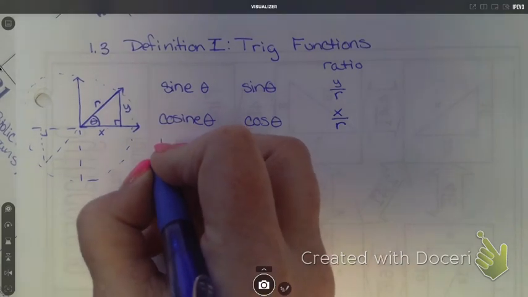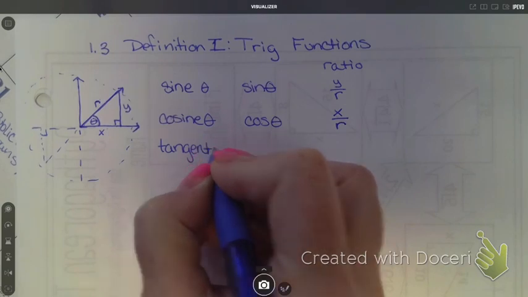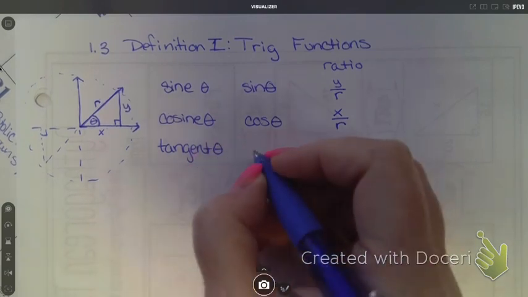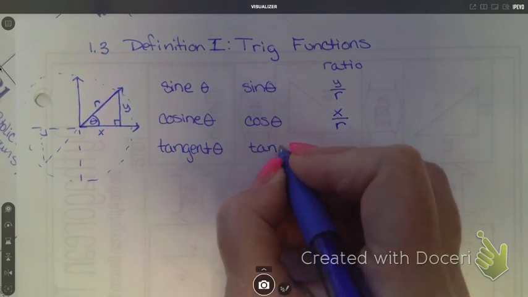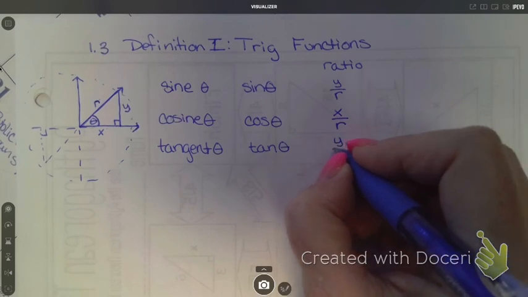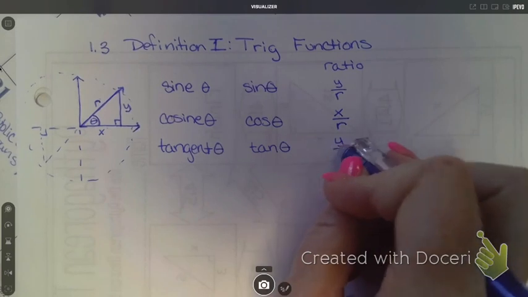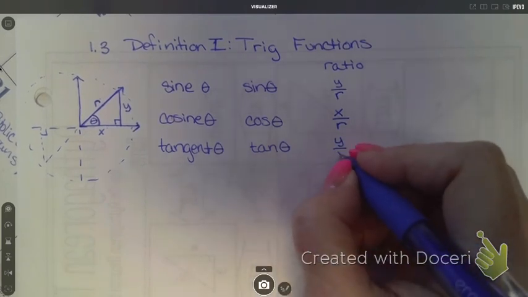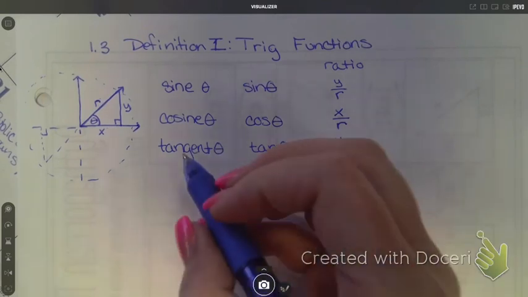Tangent of theta, which we abbreviate just TAN of theta, is y over x. Now is everyone understanding where I'm getting the x, the y, the r? Okay.